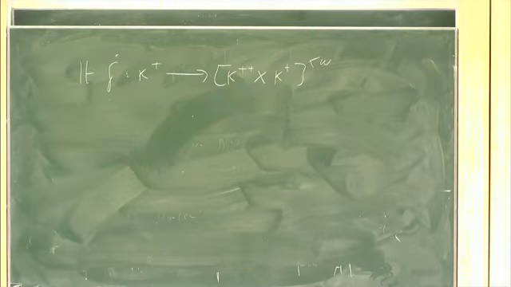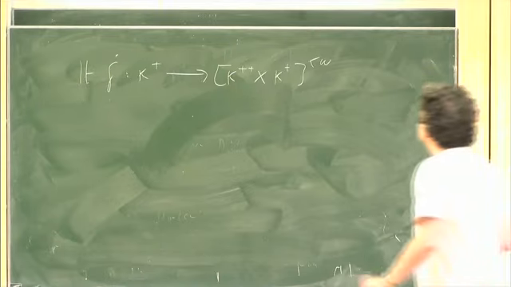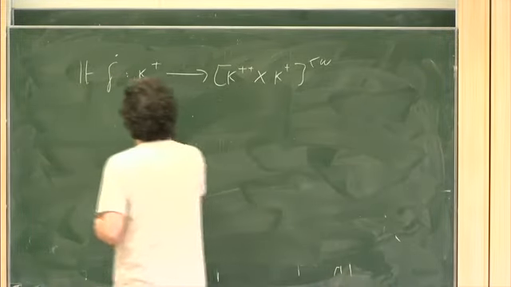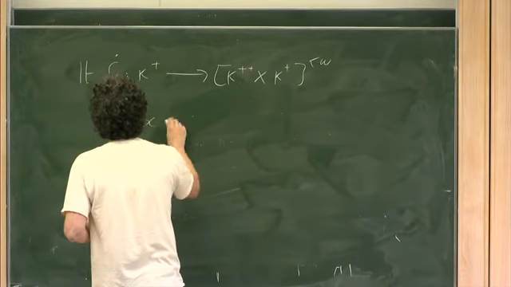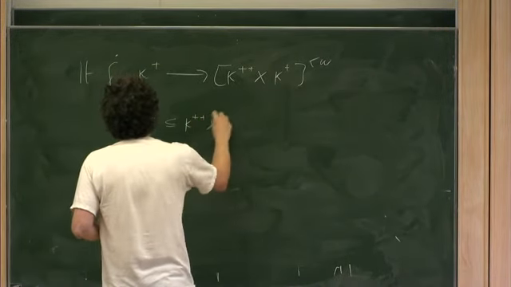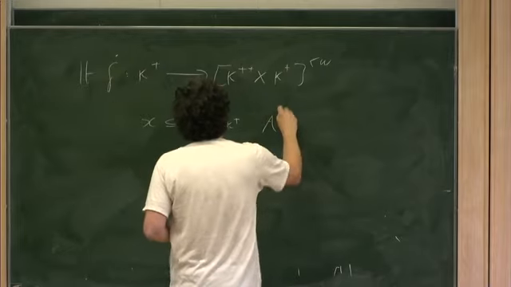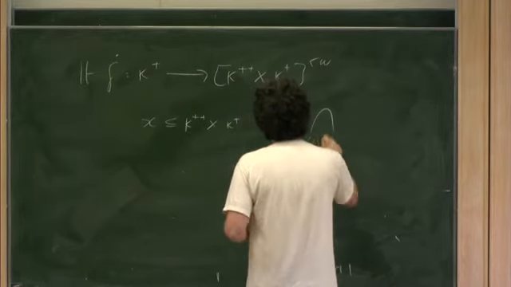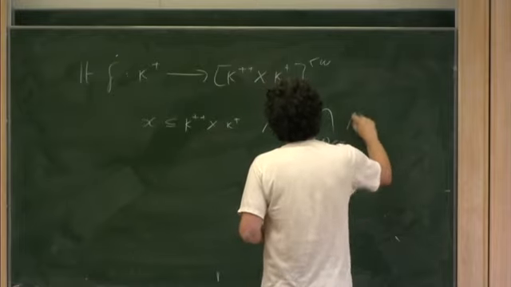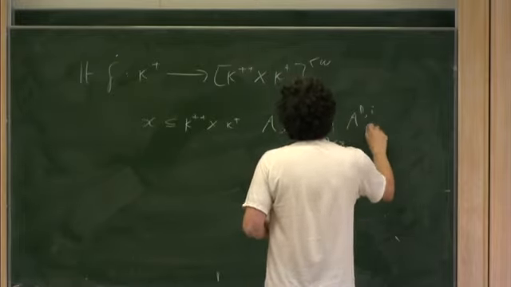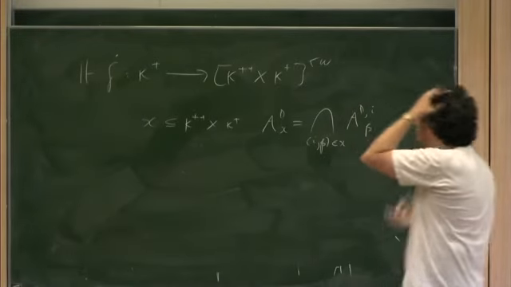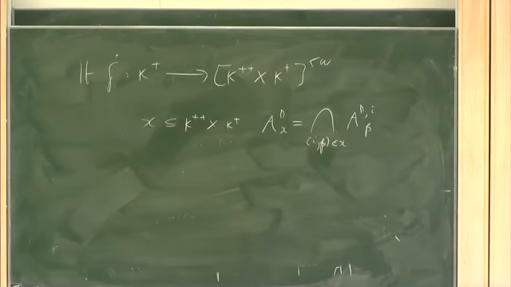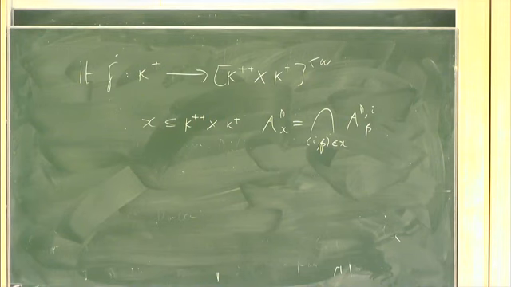Okay, so now what are we going to do? So let's let, in fact, if X is contained in kappa double plus times kappa plus, just let A_X equal the intersection over (I, beta) in X of A_(I, beta). So these are going to be, so in this sequence at alpha, what you're going to see is the set A super D sub F alpha.